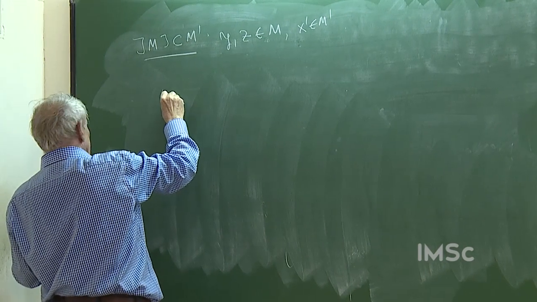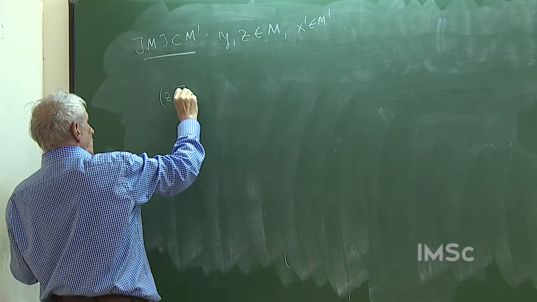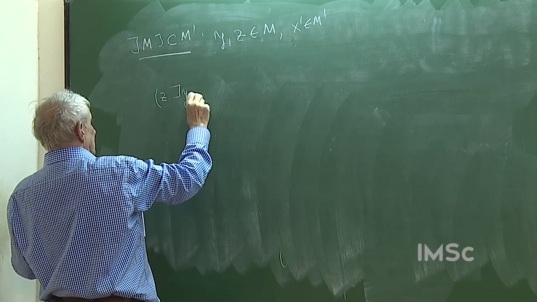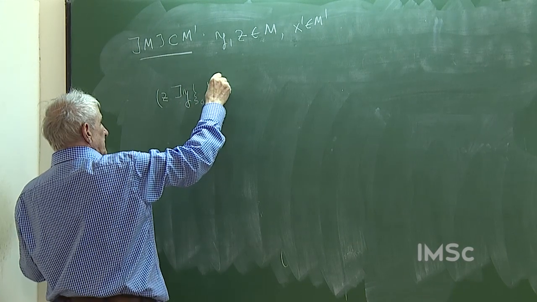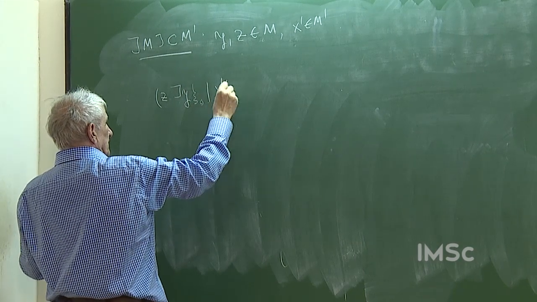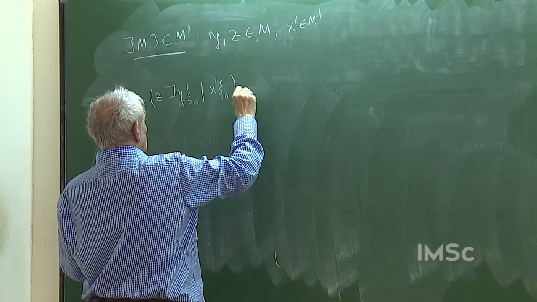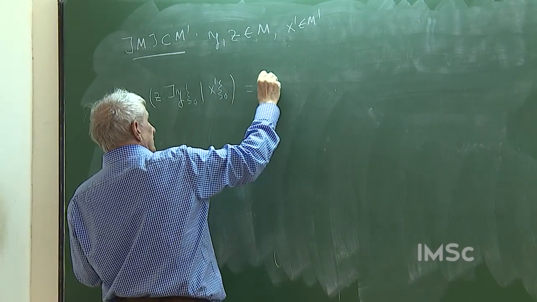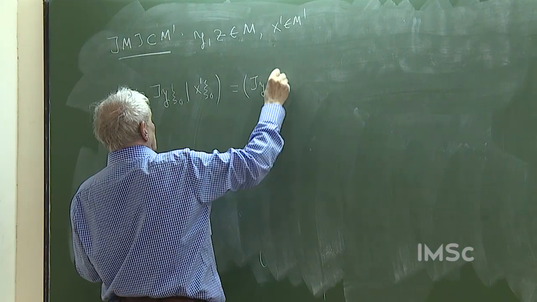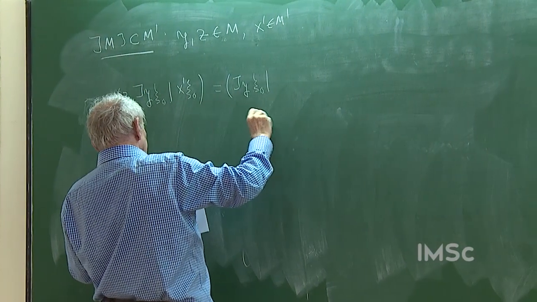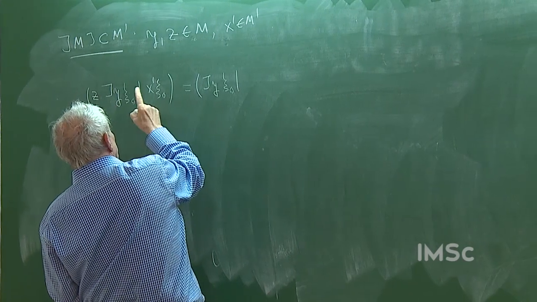Z, J Y psi naught times X prime of psi naught is equal to J Y psi naught times Z star X prime psi naught.